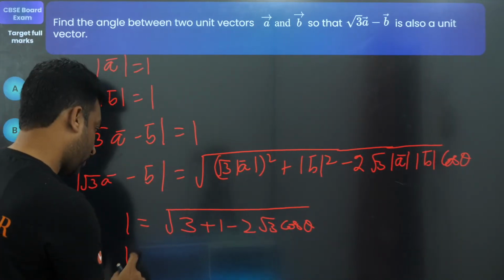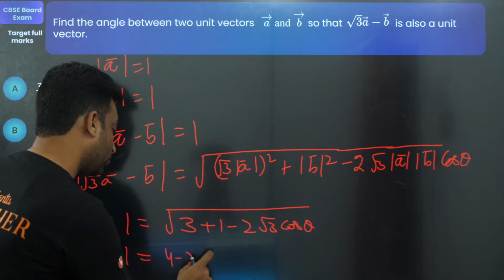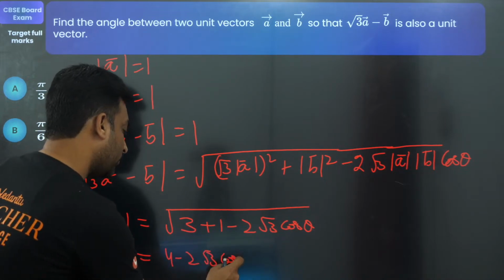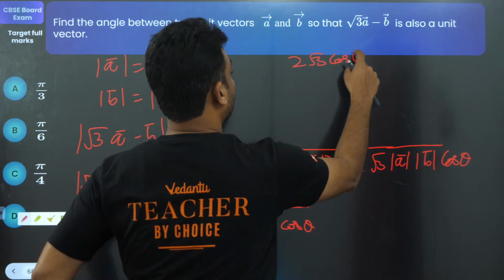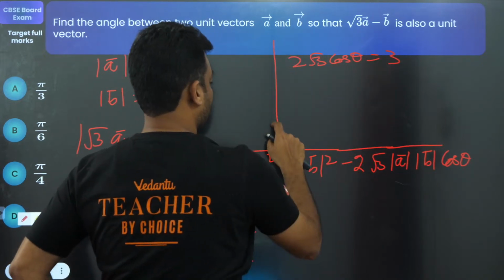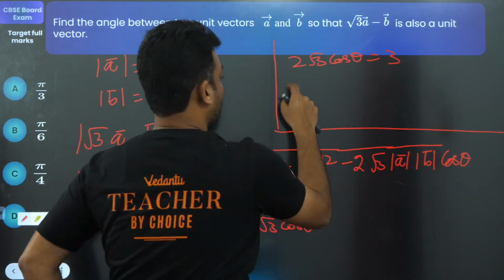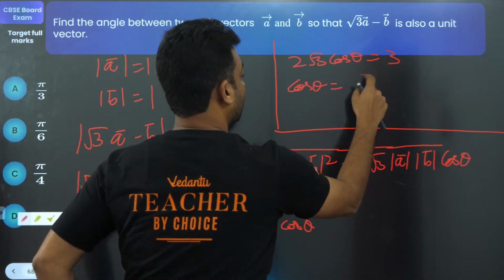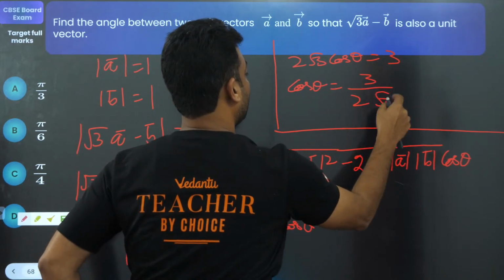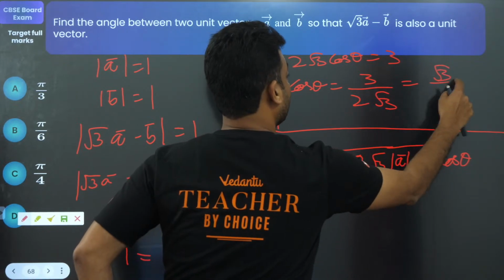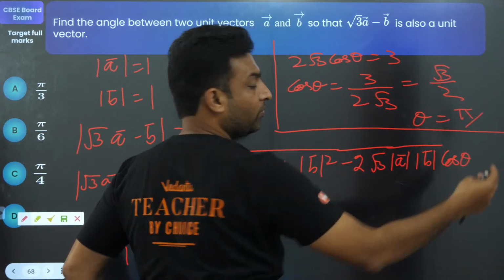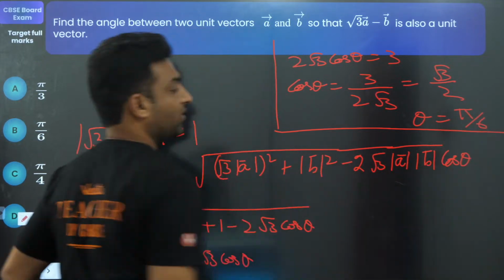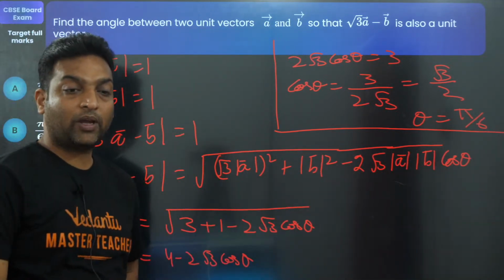Squaring, 1 equals 4 minus 2 root 3 cos theta. So 2 root 3 cos theta equals 3. Cos theta equals 3 by 2 root 3. Root 3 cancels. Cos theta is root 3 by 2. Theta is pi by 6.